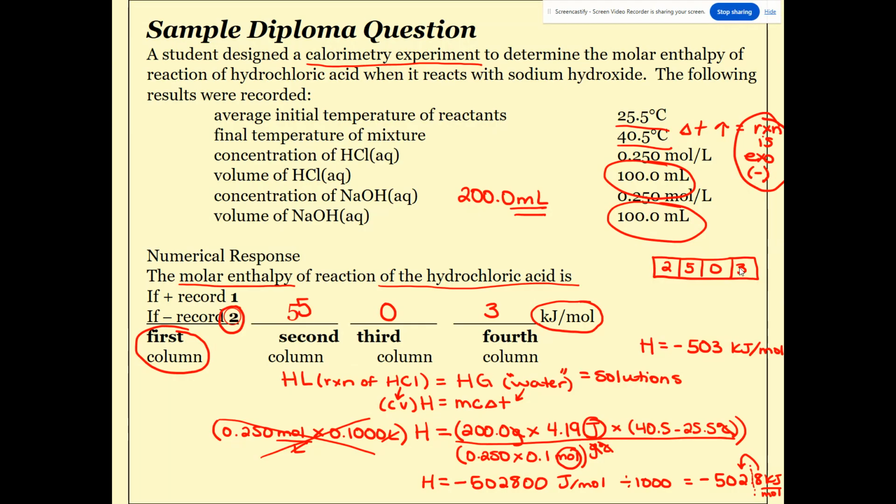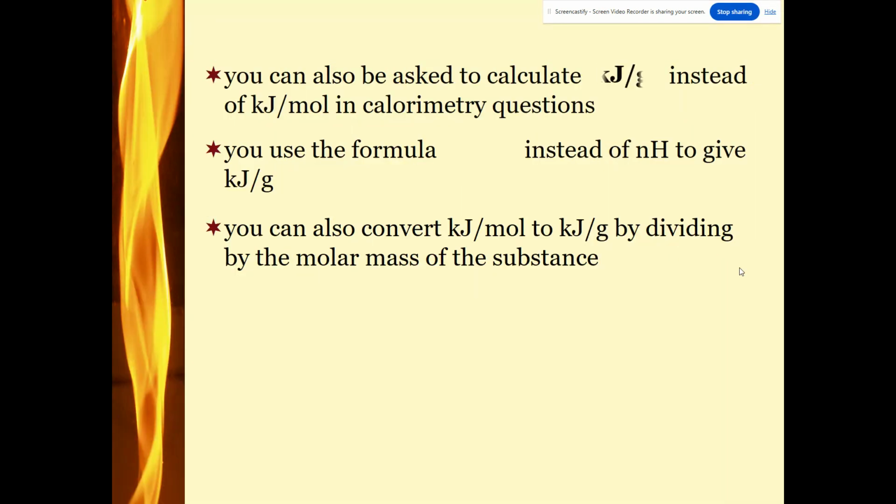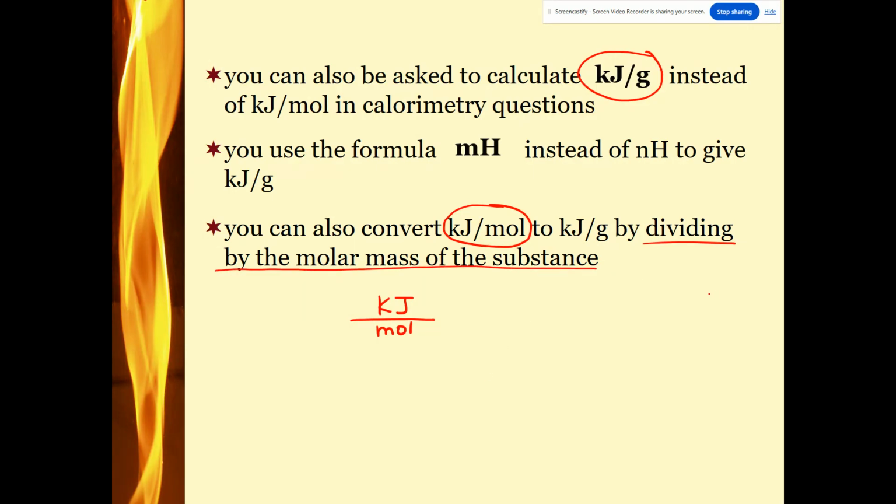Let's look at another part of calorimetry where you might be asked to find your answer instead of kilojoules per mole, kilojoules per gram. Okay? There's a couple of ways we can do this. If we have an answer already in kilojoules per mole, I can divide it by my molar mass, the molar mass of the substance. Okay?